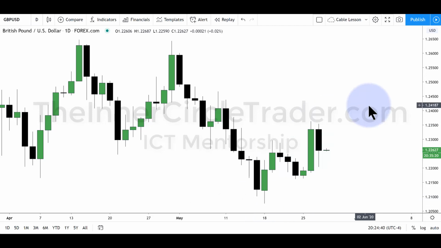Since we're inside of a range, we want to look at concepts that would lend well with reaching below old lows and above old highs. And while there is a slight, very modest bias to the downside for cable, as you can see, we've been moving lower.